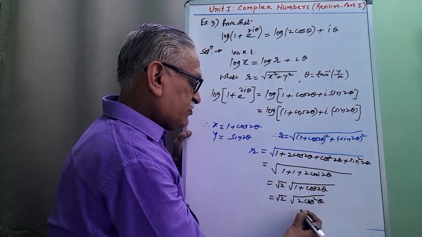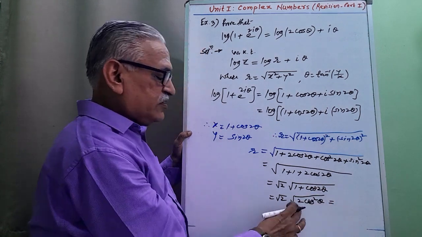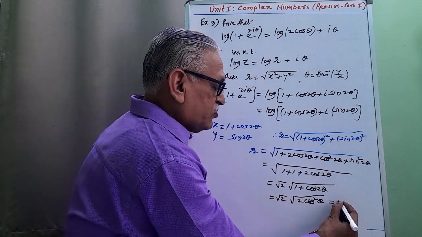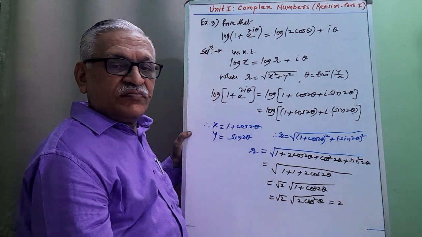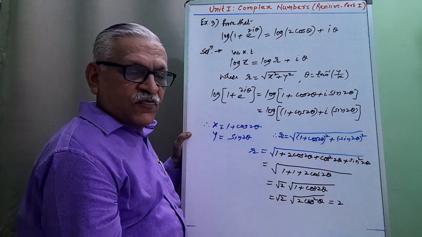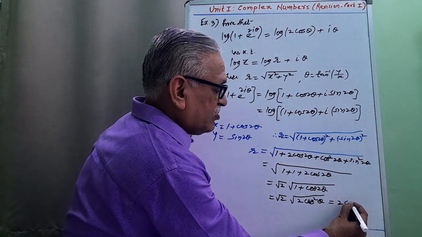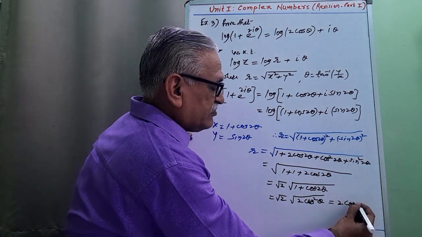And that is equal to this root 2 into root 2, we get 2. Square root of cos square is cos θ.